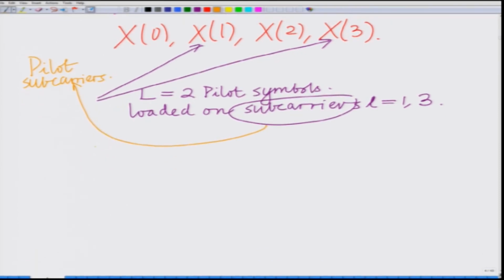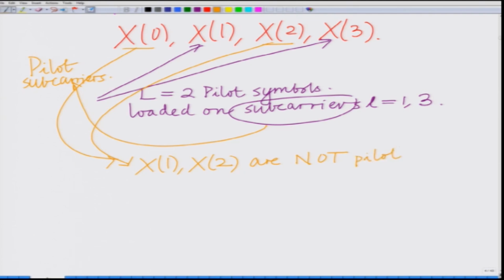Okay. So, the rest, X0 and X2, are not pilot symbols.